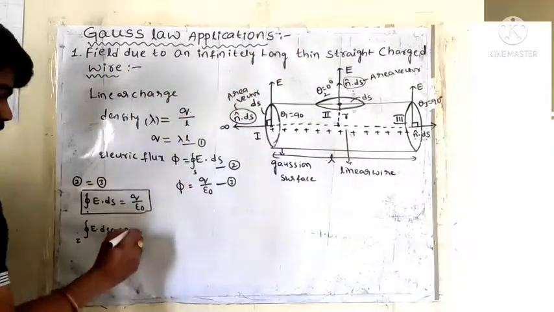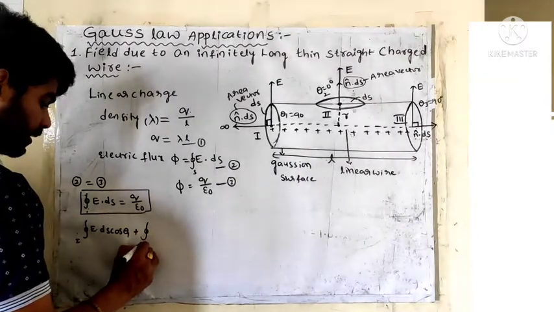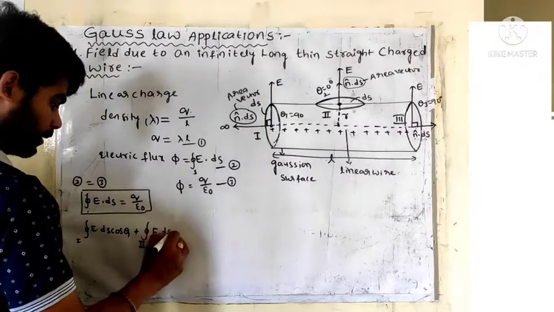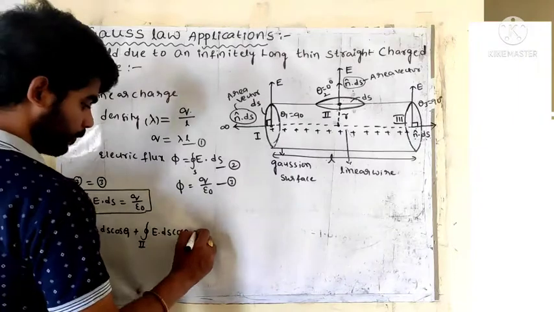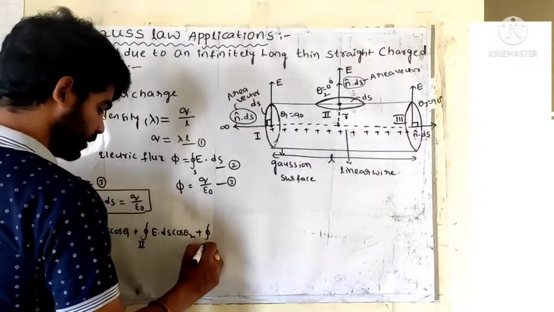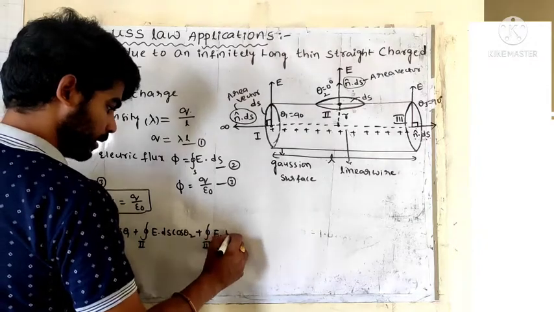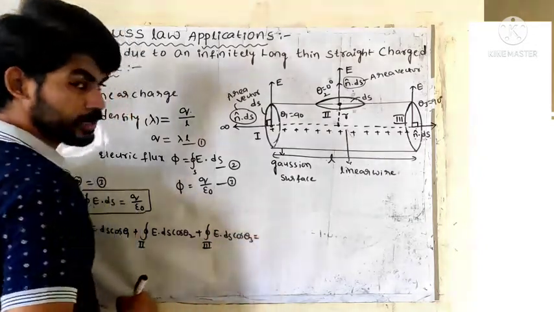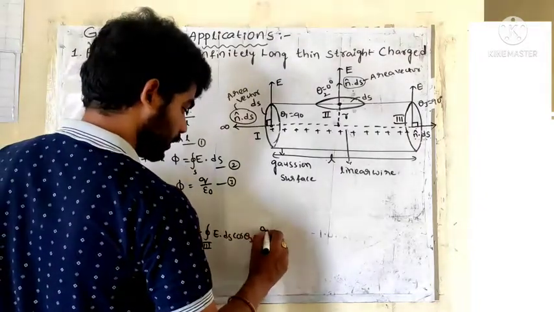So the closed surface integral from region 1, plus the closed surface integral from region 2 of E dot ds cos theta 2, plus the closed surface integral of region 3, E dot ds cos theta 3, is equal to q by epsilon naught.